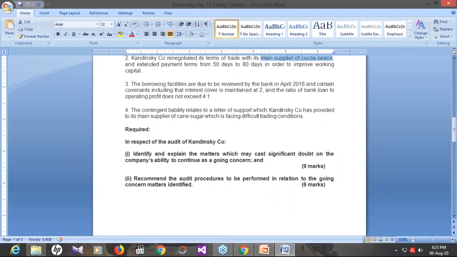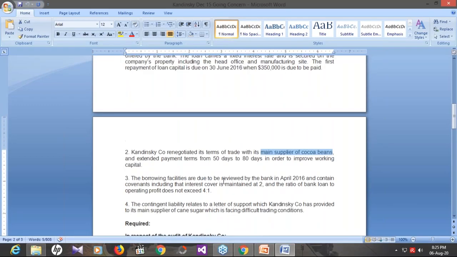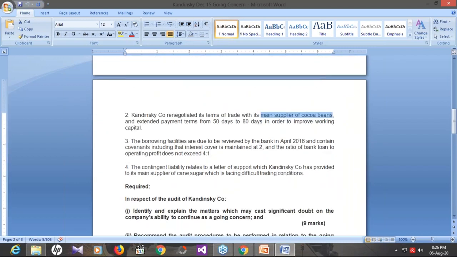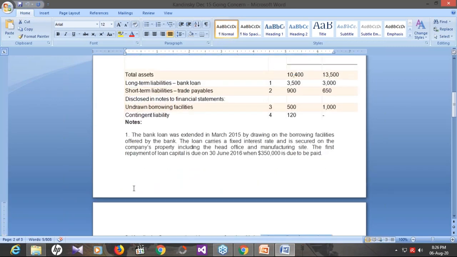And requirement two is to recommend the audit procedures. For all these 3 or 4 points that you have discussed in part one, you should try to engage yourself and write 2 to 3 possible procedures per factor. One factor is decline in revenue and operating profits.